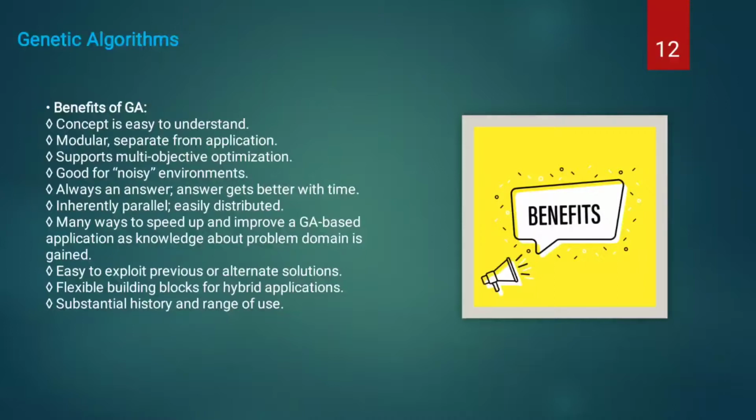There are many ways to speed up and improve a GA-based application. As knowledge about the problem domain grows, it can easily explore alternate solutions. It is a feasible building block for hybrid applications, with a substantial history and range of use.